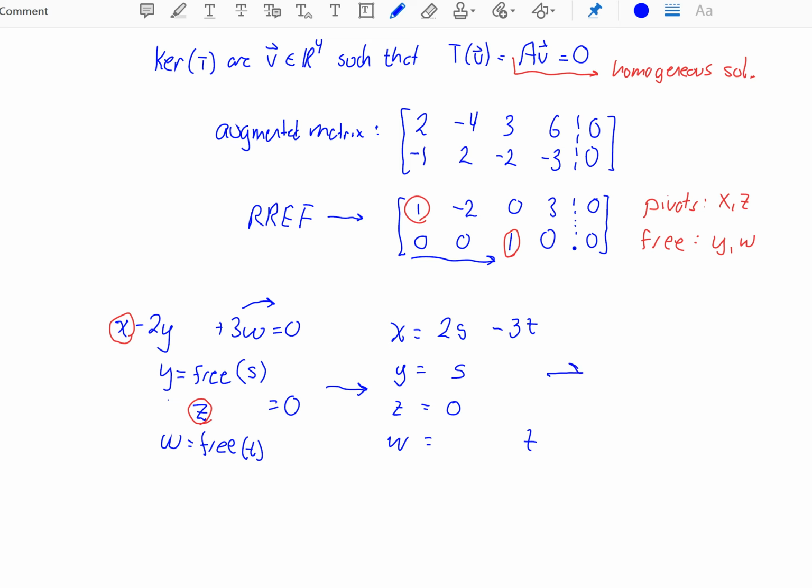Or if we're factoring out our individual variables and writing this as a linear combination, then I'll write my x homogeneous as s times the vector 2, 1, 0, 0. These would be the coefficients of these s variables.